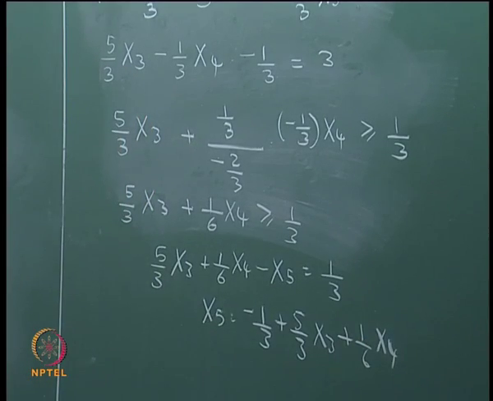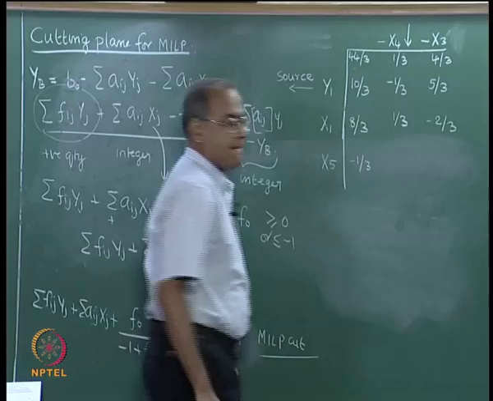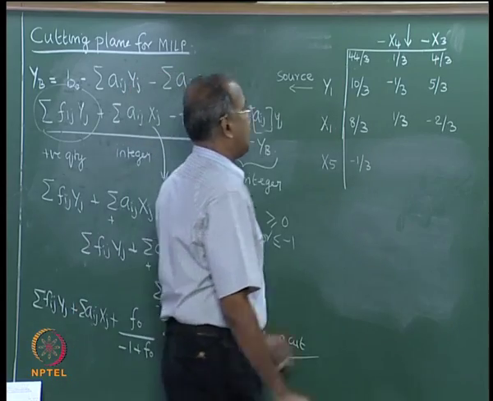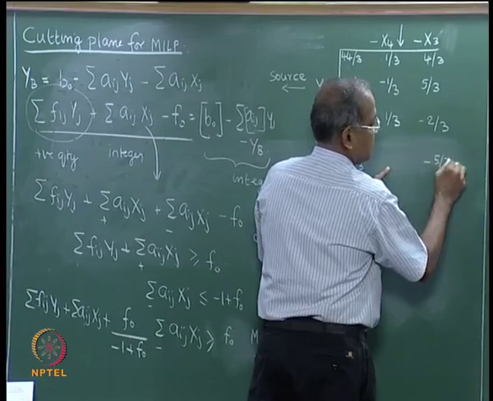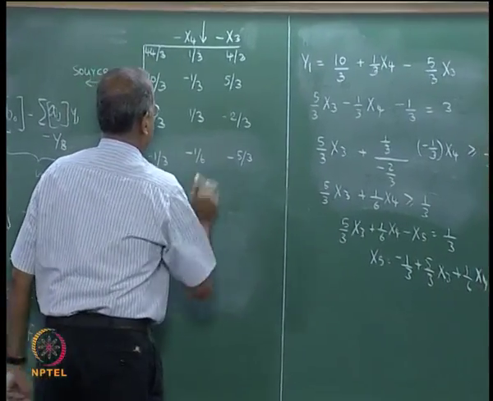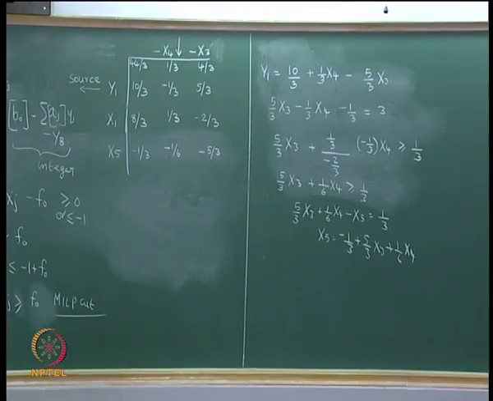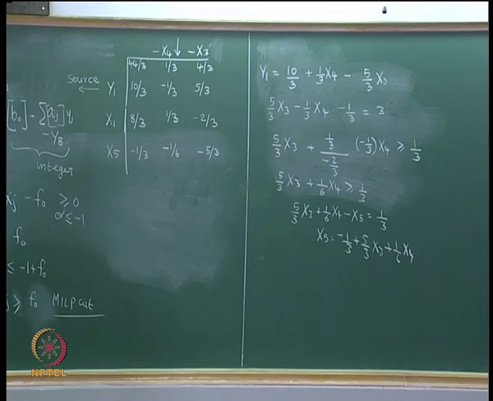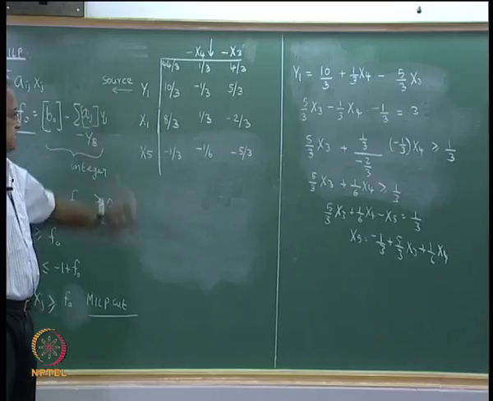So, when we add the MILP cut, it will become x5 as minus 1 by 3 plus 5 by 3 x3. So, you get minus 5 by 3 plus 1 by 6 x4. So, you get minus 1 by 6. So, minus 1 by 3, minus 1 by 6 and minus 5 by 3. So, now we have added the MILP cut using the source row.